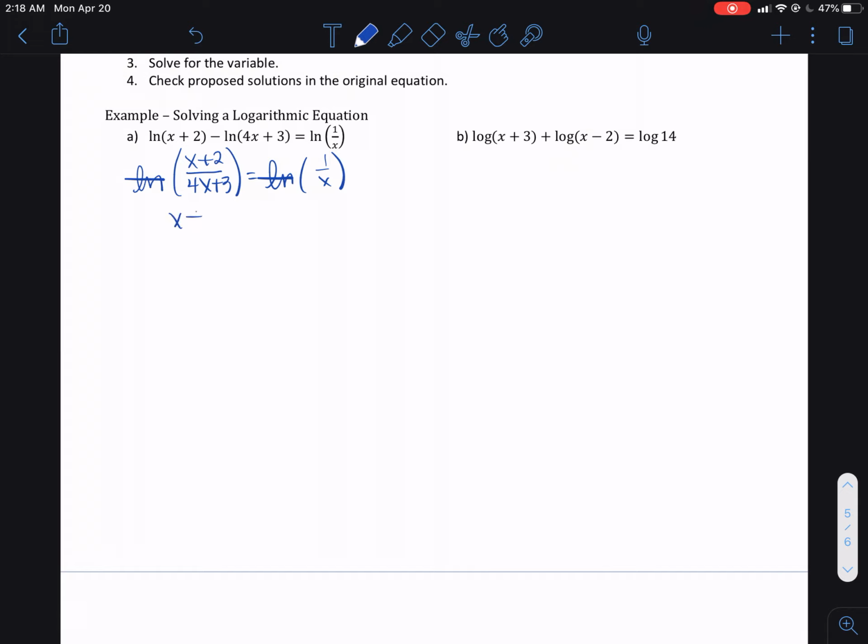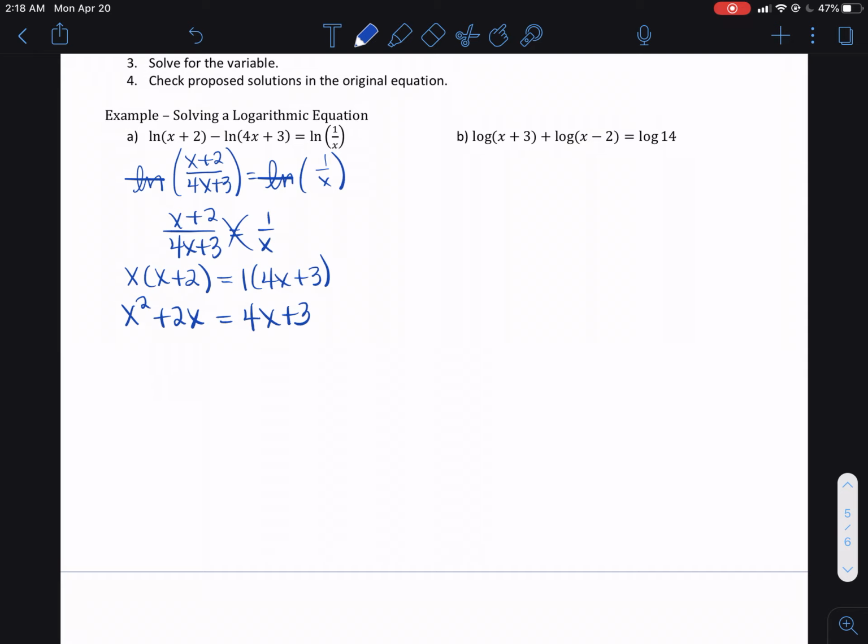So x plus 2 over 4x plus 3 has to equal 1 over x. And then to solve, we're going to cross multiply. So we have x times x plus 2 equals 1 times 4x plus 3. That gives us x squared plus 2x, which equals 4x plus 3.